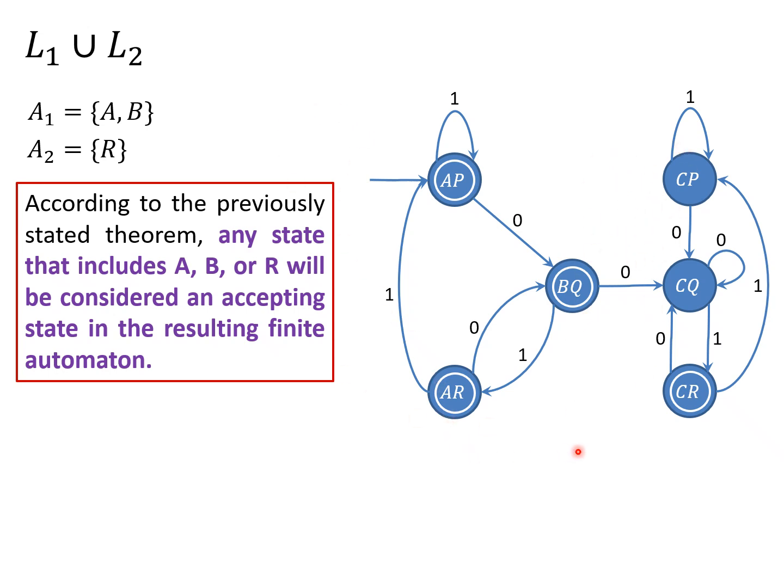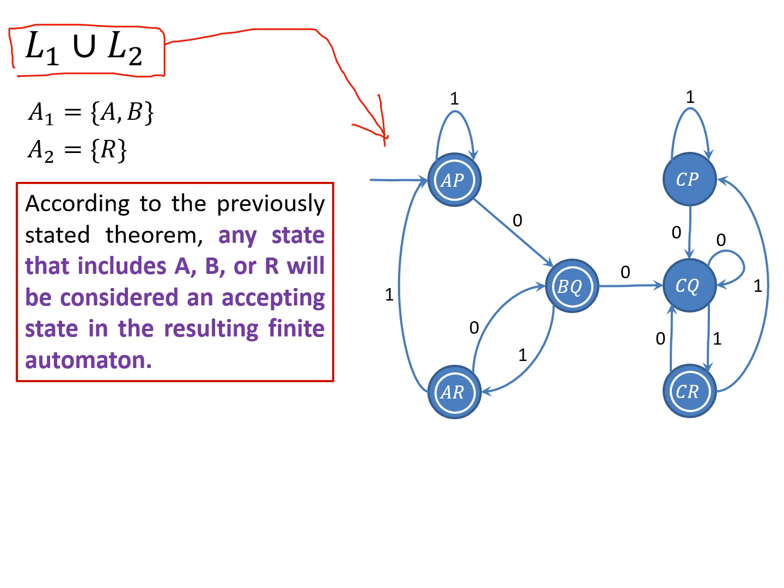This will be the resulting DFA for L1 union L2. This is the final DFA, right? This will be the final DFA for this.